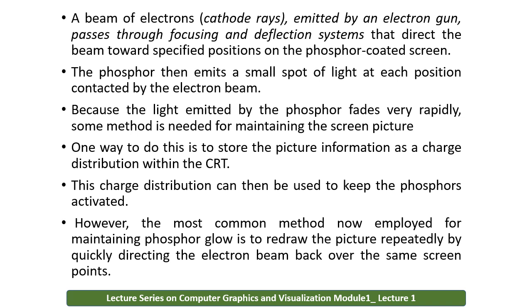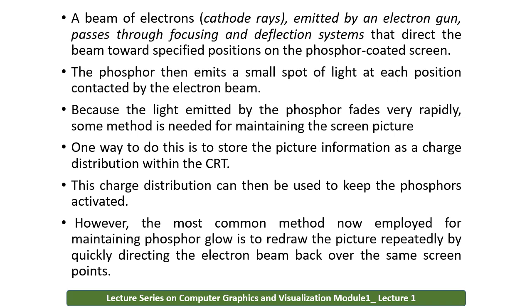Because the light emitted by the phosphor fades very rapidly, some method is needed for maintaining the screen picture. One way to do this is to store the picture information as a charge distribution within the CRT.